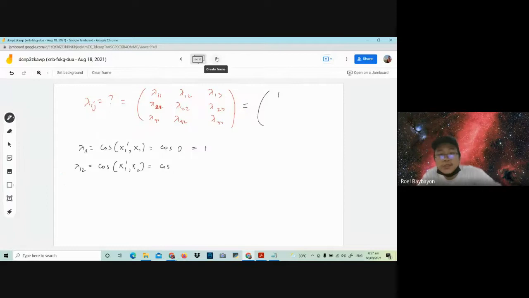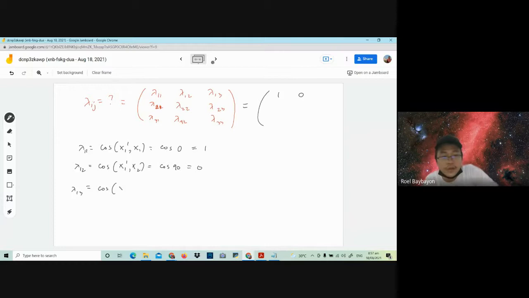So this is cosine 90 degrees, which is equal to 0. So it is 0. It is easy, right?